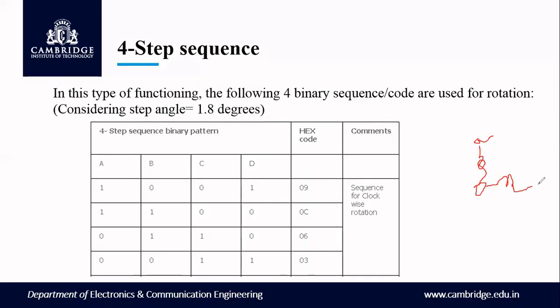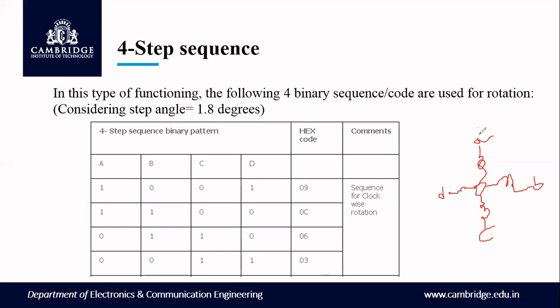I'll take this as B, and I'll take one more winding. This is a 4 winding example. So this is C, and one more. You can consider this as D.